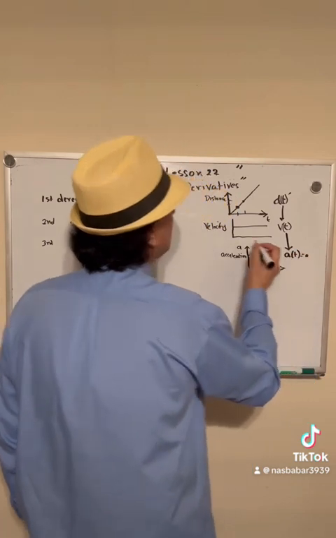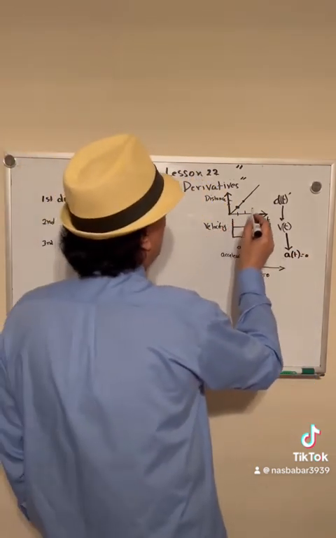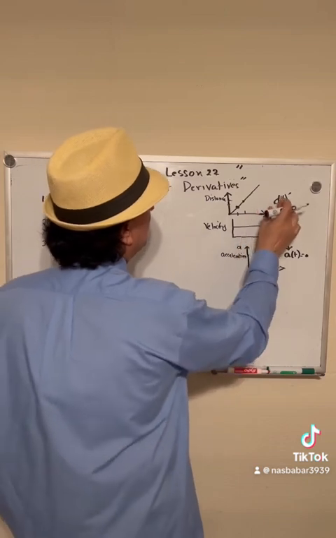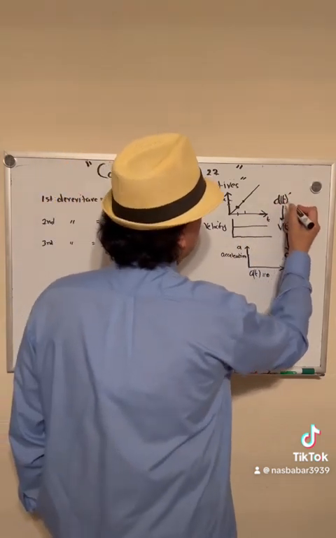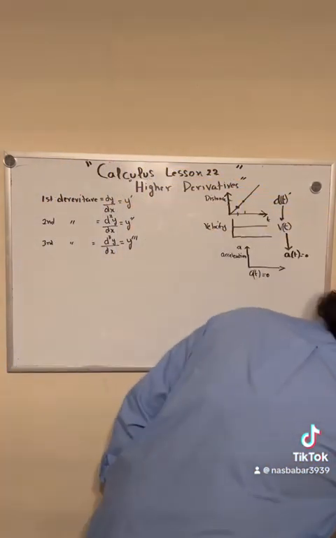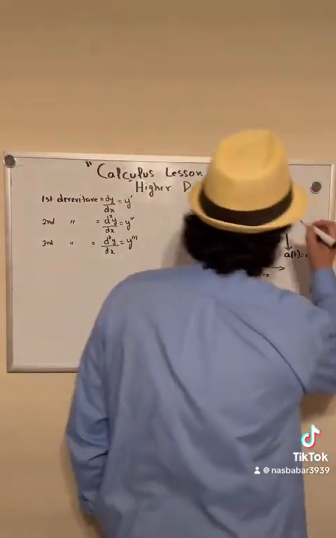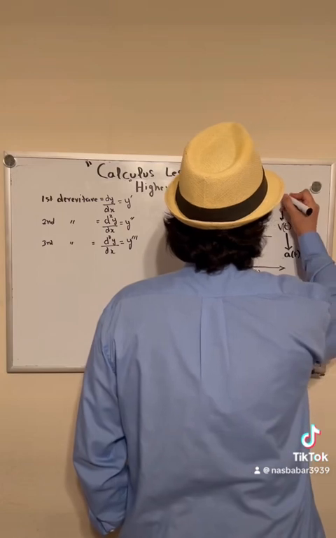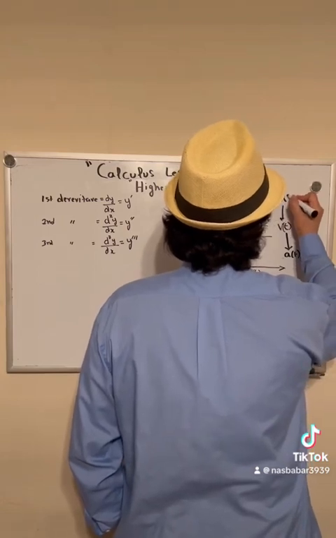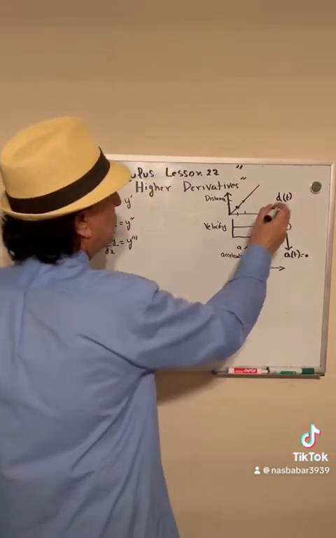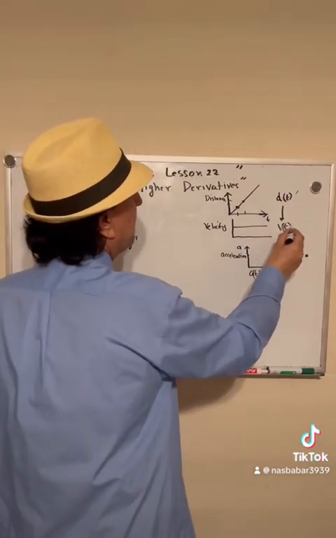So in this particular case, let me just write this again so you can see that clearly. We have distance as a function of time. I took the derivative of this, I get velocity.